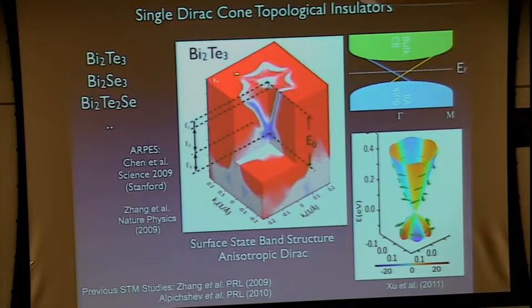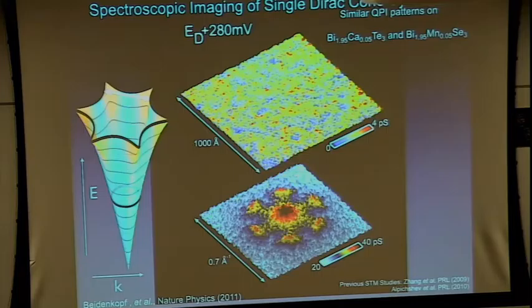And this snowflake feature has to do with the fact that the band structure of these Dirac electrons is not really quite isotropic. In fact, there is some bending of these things as you get up to higher and higher energy. Okay? And you can do STM on this compound as well. Okay?